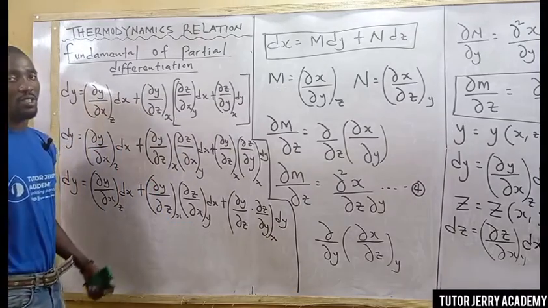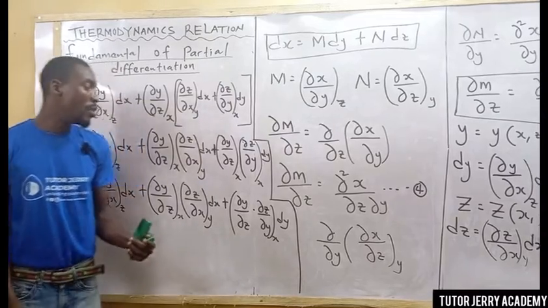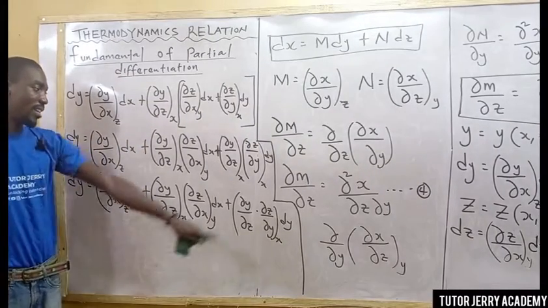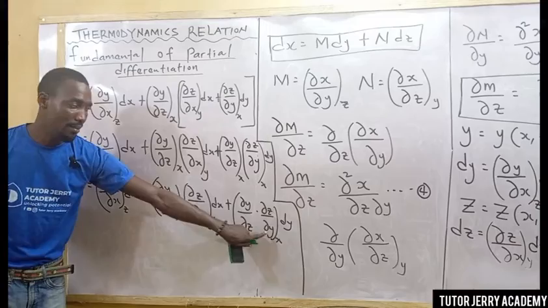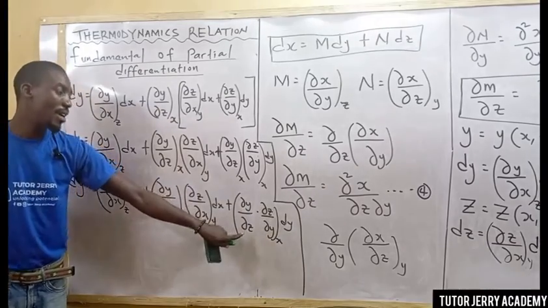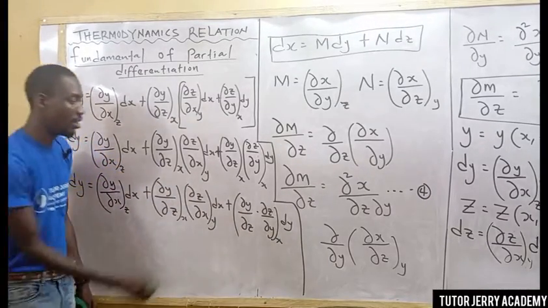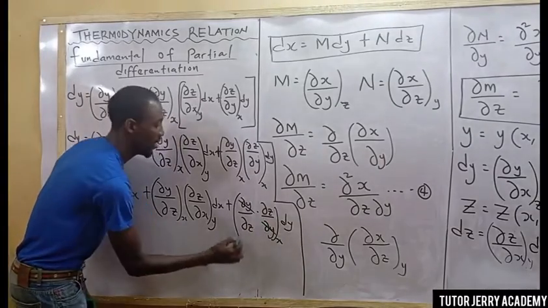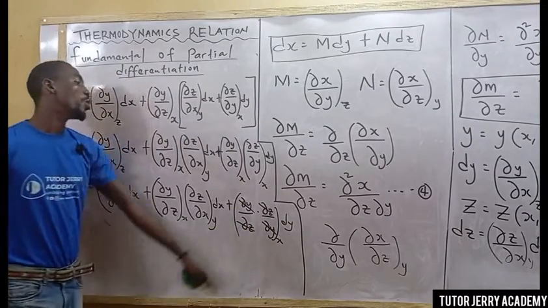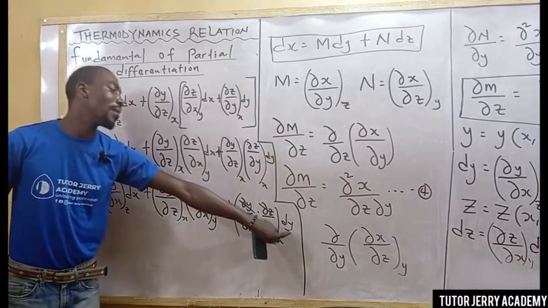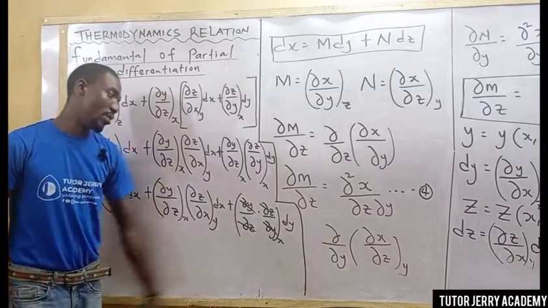So what do we notice here? We notice that dy will cancel out dy, and partial derivative of z will cancel out partial derivative of z. So this will neutralize this. So we're left with 1, and 1 multiplied by dy is nothing but what? dy.